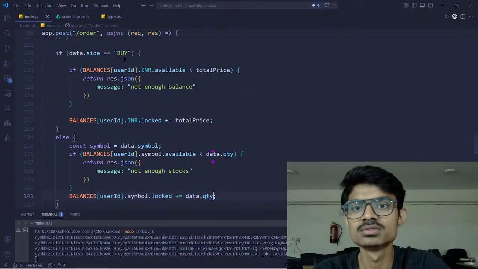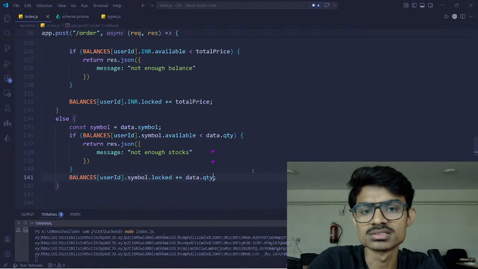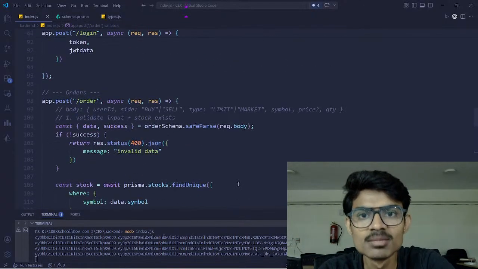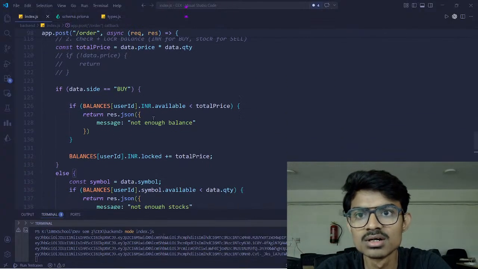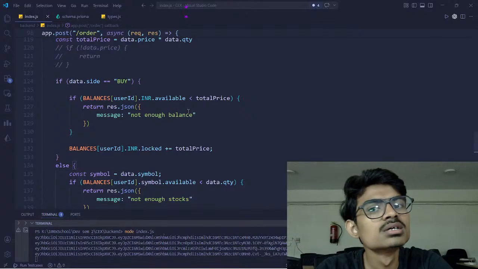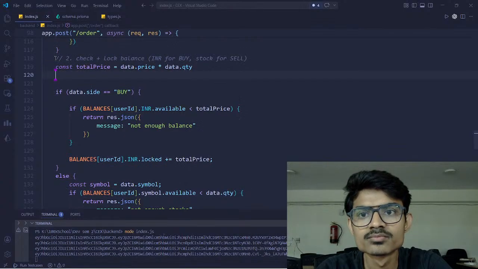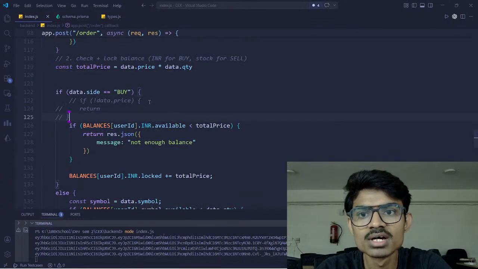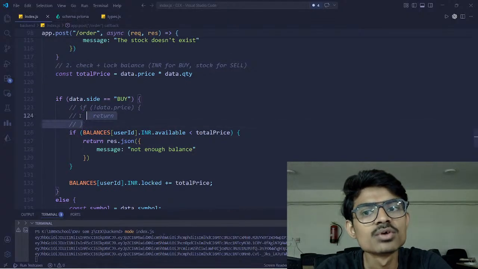So if we are buying, we do this. If we are selling, we do this, right? What about the limit and the market stuff? If we are buying, a limit order, and we have not given a price, right? Because price is optional.